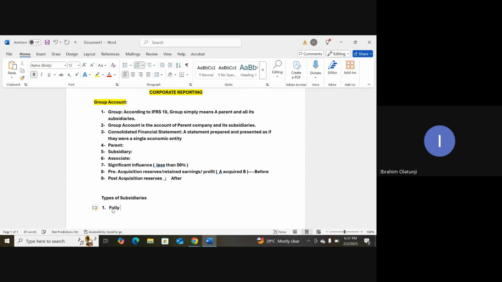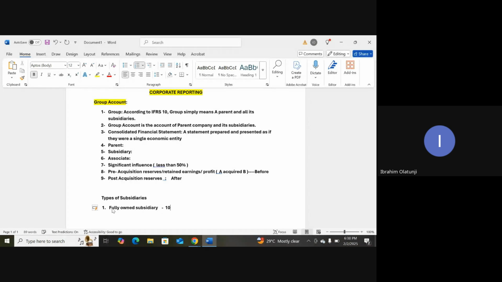Fully owned subsidiary. When we say fully owned subsidiary, we are talking of a subsidiary in which a parent company has a control interest of everything, which is a control interest of 100%.